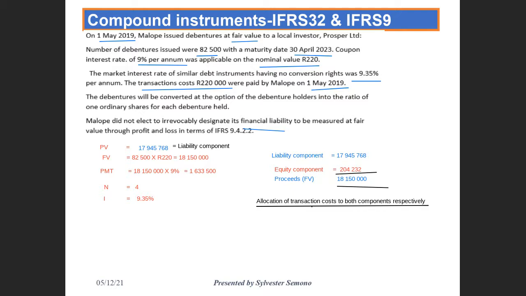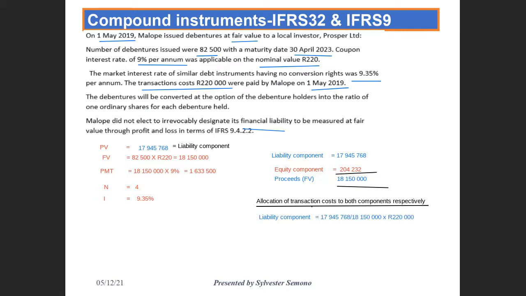So for the liability component, the calculation will be 17,945,768, and I'm going to divide by the total of 18,150,000, and I'm going to multiply this by the 220. Remember, I'm trying to divide this amongst them.